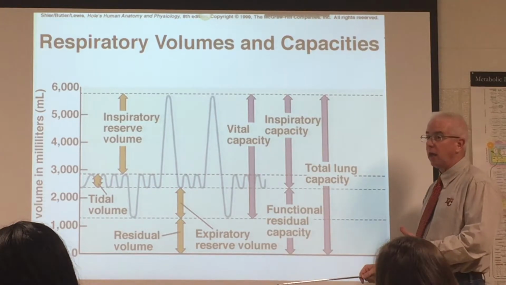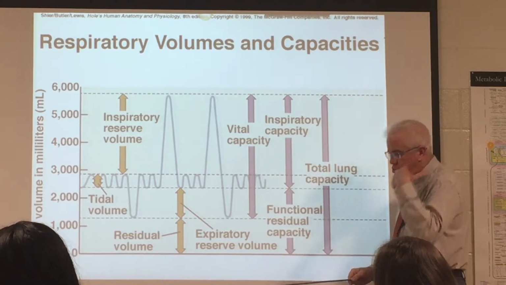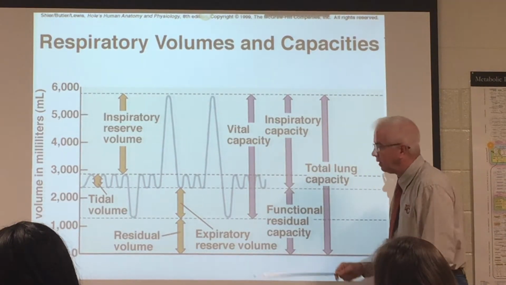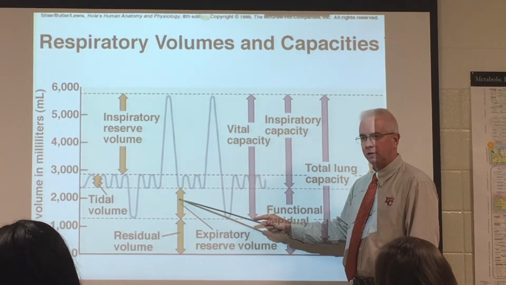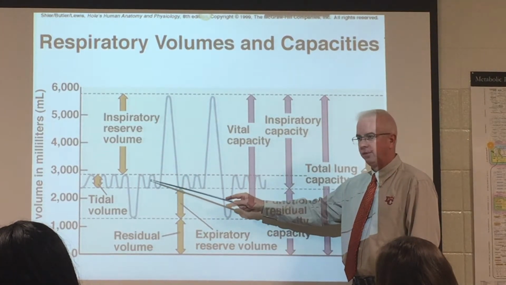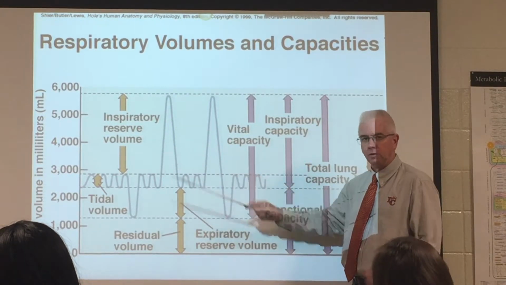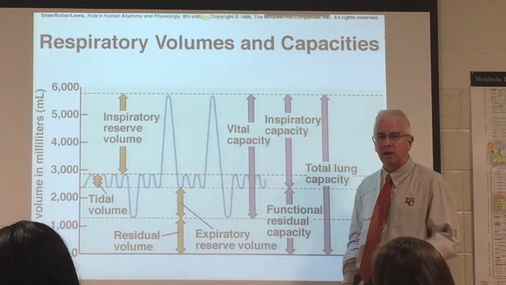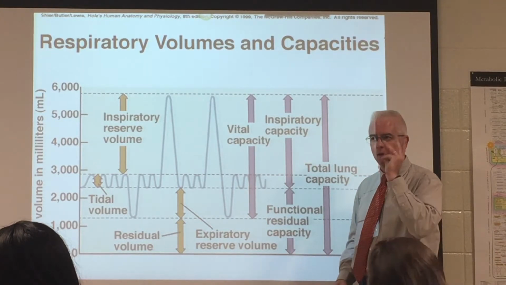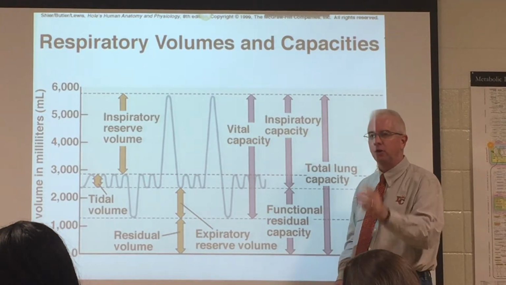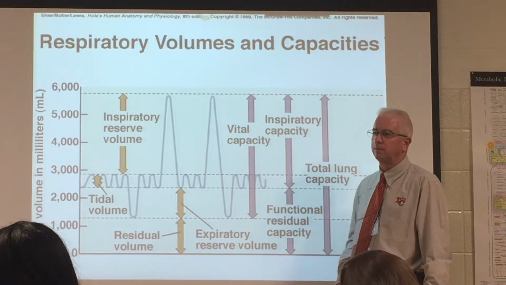So now you're going to blow it all out as fast as you can. You blow out the expiratory reserve, then you blow out the tidal volume, then you blow out the inspiratory reserve. So vital capacity is by definition ERV plus TV plus IRV. It's all the volume except the residual volume.